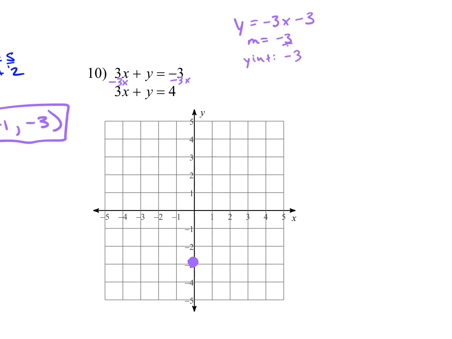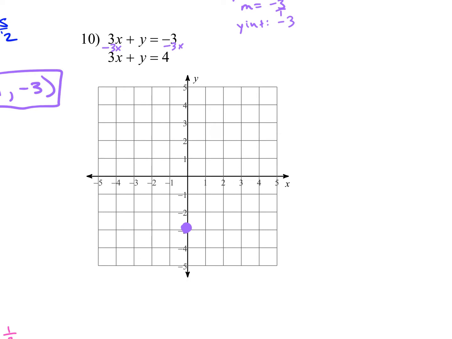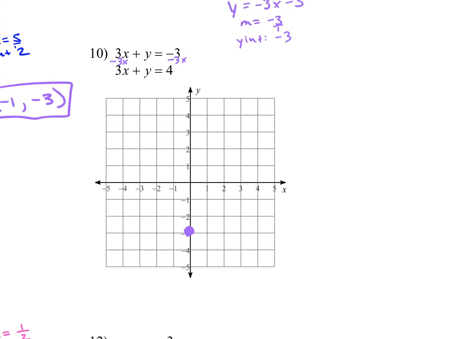So negative 3 over 1. So which direction am I going to go? I go down, and you always go to the right. So I would go down 3 to the right 1. But since this is off the graph, I can go in the opposite of both. So instead of going down and to the right, I'm going to go up 3 to the left 1. And then just connect your dots.